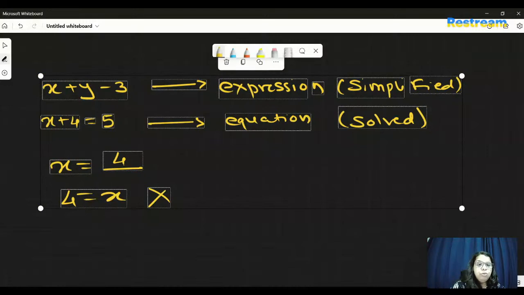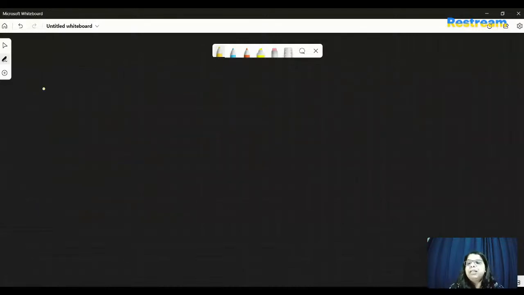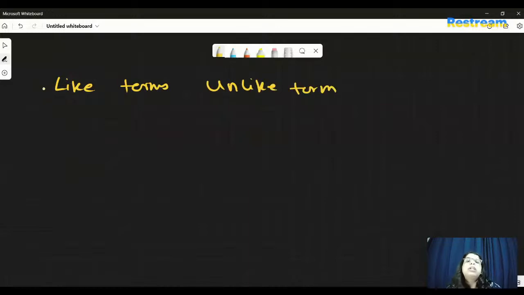Now what we are going to do is start with like terms and unlike terms. You will say, what is a term? Anything that doesn't have a plus or minus in it is one term.